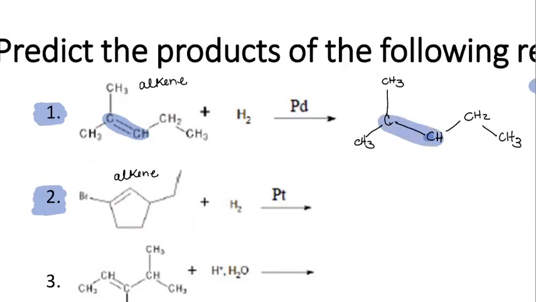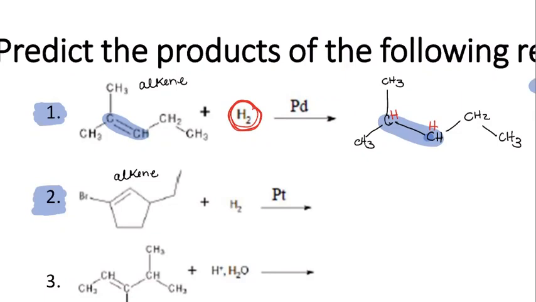Now, because this is called an addition reaction, the atoms that were double bonded are no longer going to be double bonded, they're going to be single bonded. Then these two hydrogens that are in molecular hydrogen are going to now be bonded to the atoms that used to be in the carbon-carbon double bond.